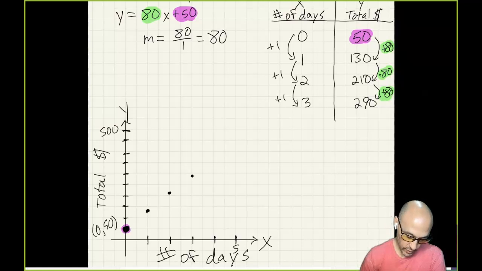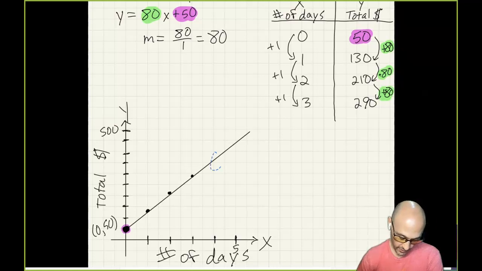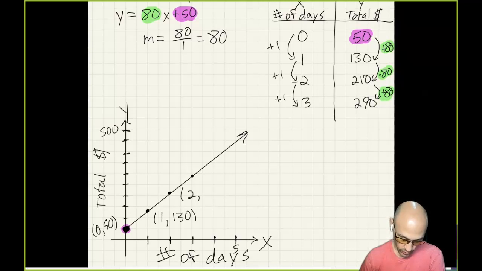And so what we can do is we can just take that line and we can extend it out like that. It's not perfect. It's pretty close. There we go. So we can add some points here. 1, 130, 2, 210, 3, 290, and so on.